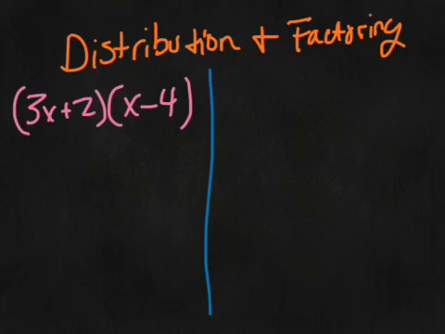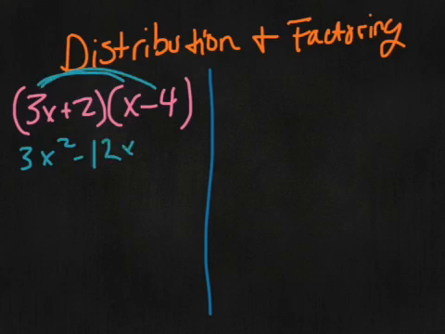The same thing works with distribution and factoring. So I want to take this example here and distribute, get our new polynomial, and then we'll take that polynomial, factor it, and get back to the same thing. So 3x times x is 3x squared. 3x times negative 4 is negative 12x. 2 times x is 2x. And 2 times negative 4 is negative 8.